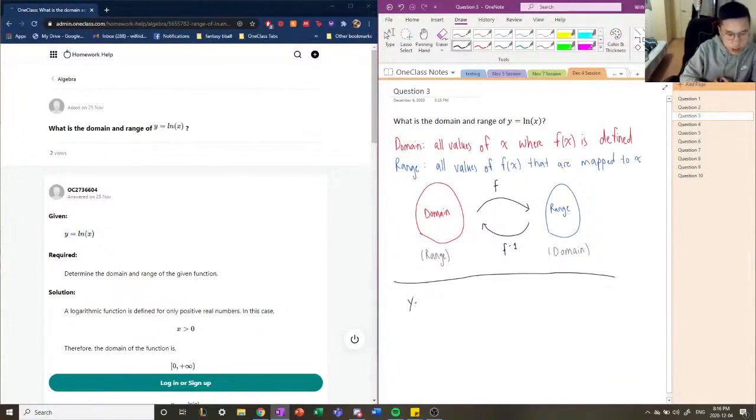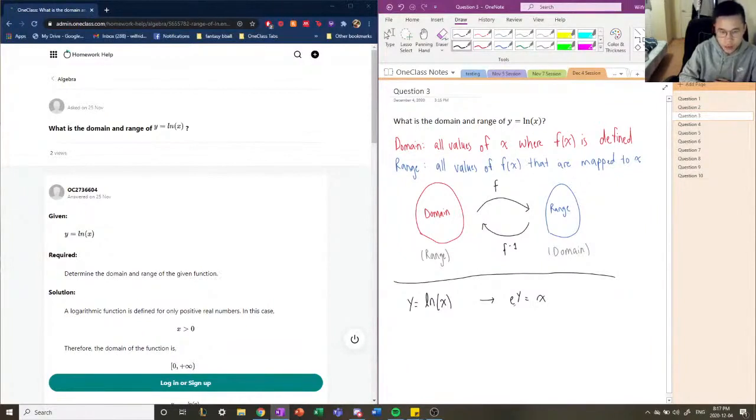So when we're talking about the domain of y equals ln x, it's all the values of x that make f of x, or y, defined. The natural property of a logarithm is that the argument within the logarithm itself has to be positive. And this is the nature of the base. Especially since our base is a positive number here, another way to write y equals ln x is e to the power of y equals x.